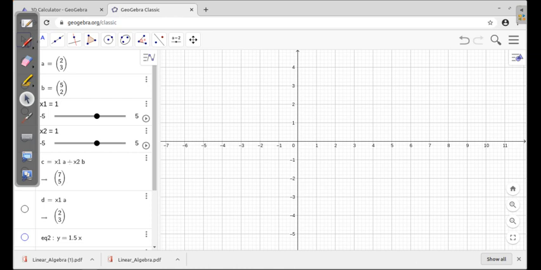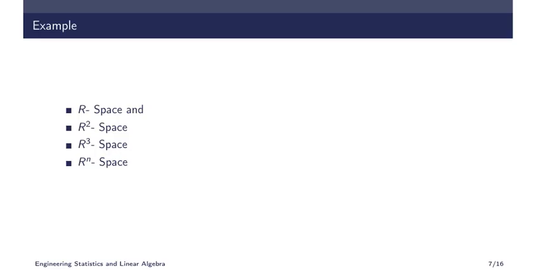If 3 is a point in the x-axis and 5 is also a point in the x-axis, if you add both of them, 3 plus 5, 8 is also a point in the x-axis. Now if you multiply any point by a scalar, that will also be in the x-axis. So the x-axis is an example of R space. Now that is easy to understand.